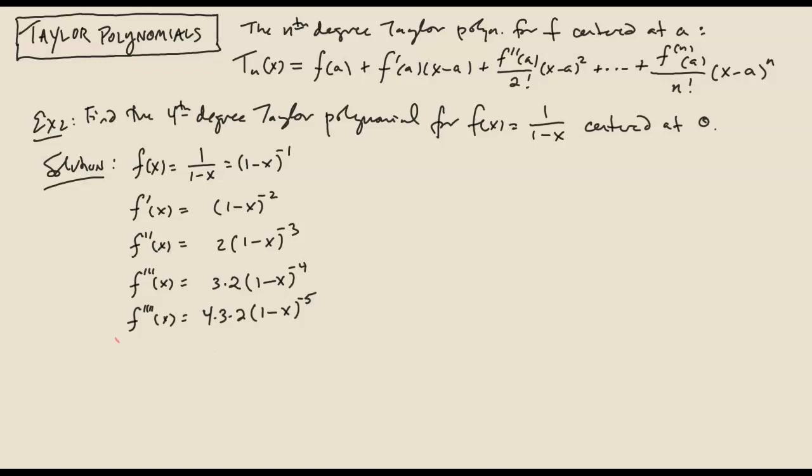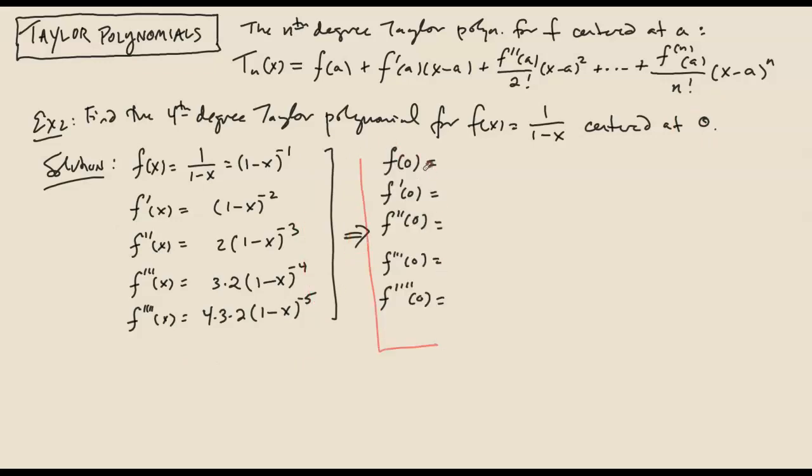But first, we don't just want the derivatives of the function, we have to evaluate at the point where we have centered our polynomial, a, which in this case is 0. So, all these guys lead to expressions for the value of the function and its first 4 derivatives at 0.